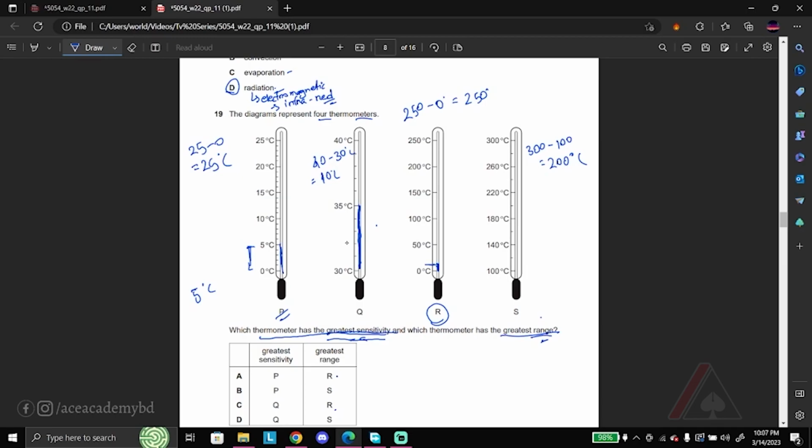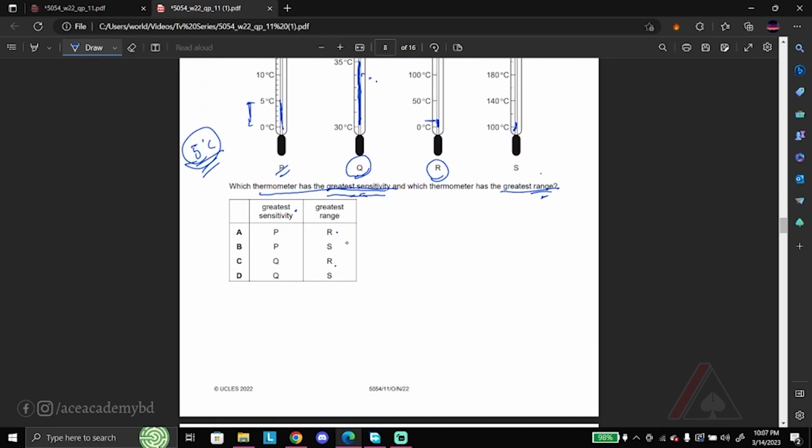And for S, it's quite significant as well. So the most significant change in the level of the liquid for a small change, 5 degrees, is in thermometer Q. So Q and R would be the answer, where the sensitivity belongs to Q and the range to R. So C is the right answer.